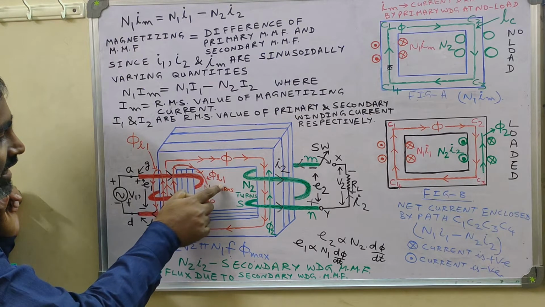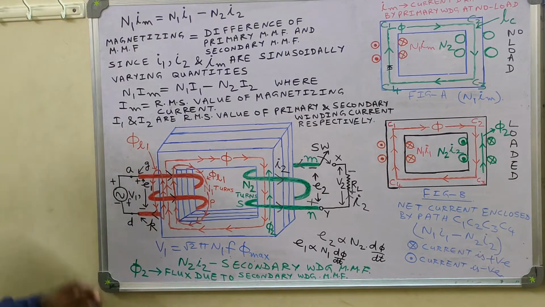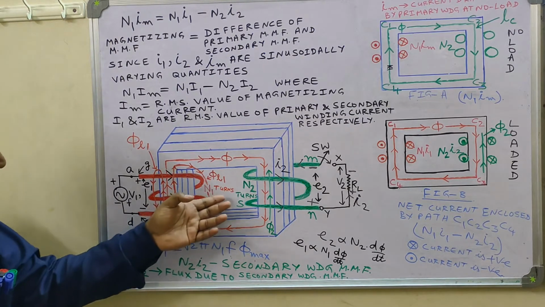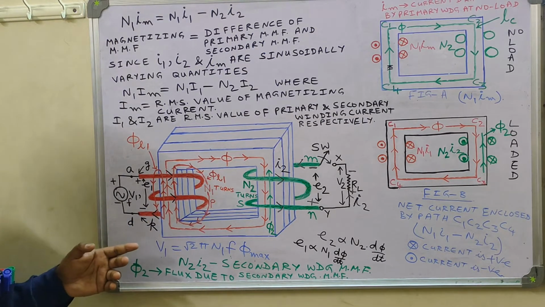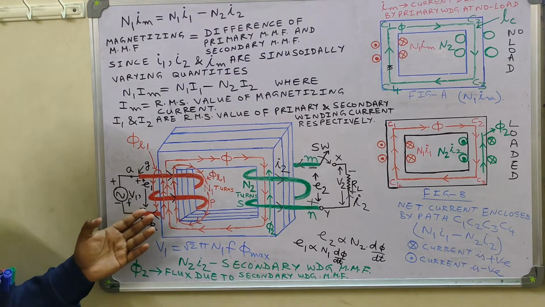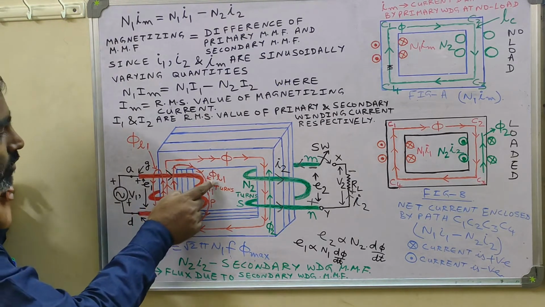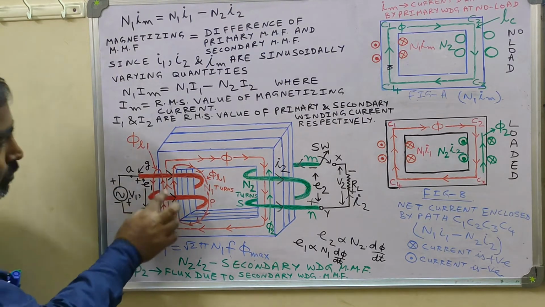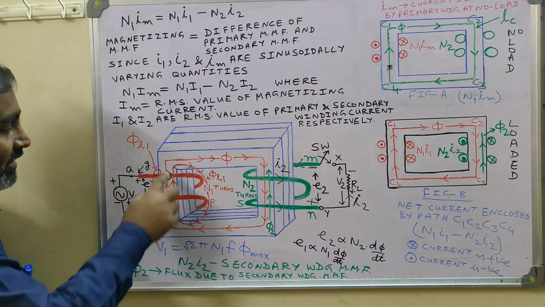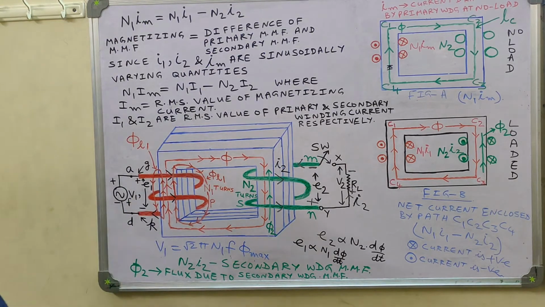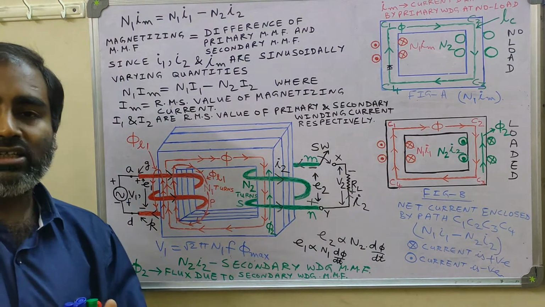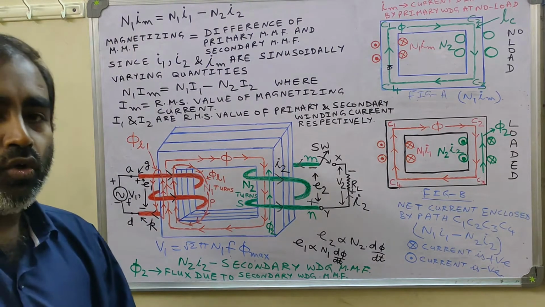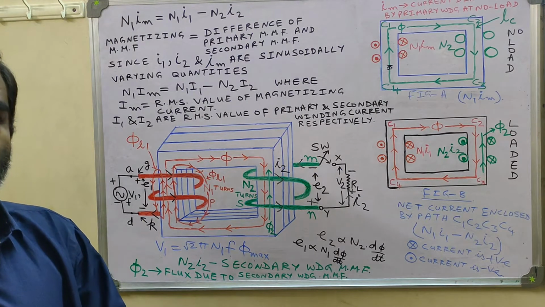L stands for leakage, and subscript 1 is present because it is related to the primary side of the transformer. But for an ideal transformer, we will assume there are no leakage fluxes.